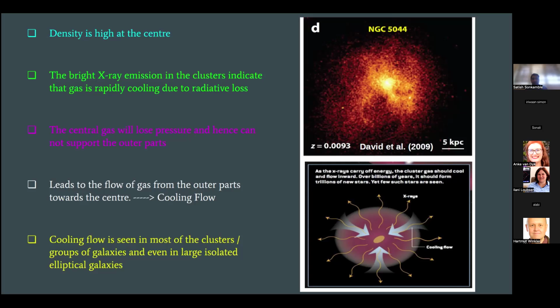In the central gas, the central part of the cluster or group will lose pressure and no longer be supported, so the outer gas flows towards the central part. We call this a cooling flow, and it is seen in most clusters, groups, and even large isolated elliptical galaxies so far.